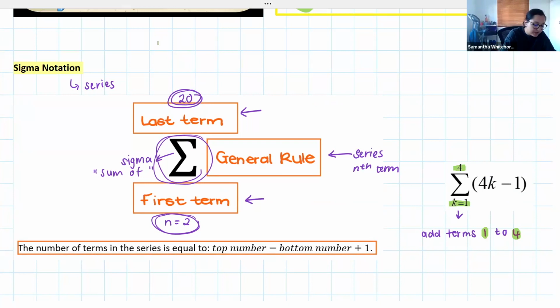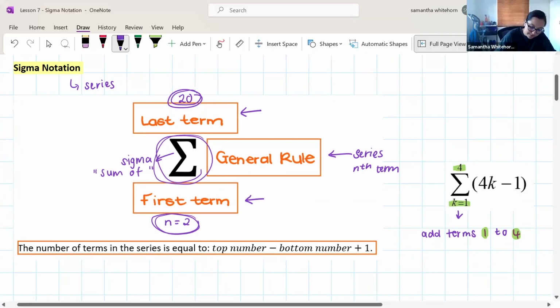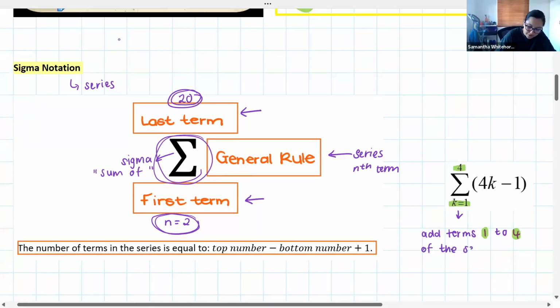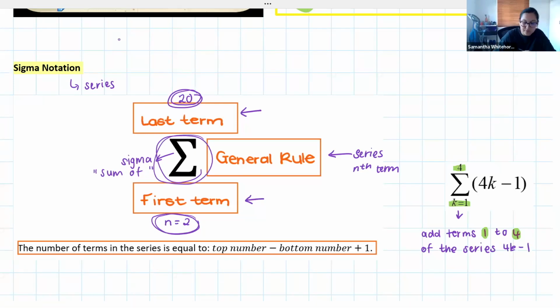Of the specific series 4k minus 1. Now remember, this 4k minus 1 is our nth term. So this is the rule for the series that we are working with. And what we now know is that I just need to add term 1 plus term 2 plus term 3 plus term 4 of the series 4k minus 1. That is all sigma tells us.